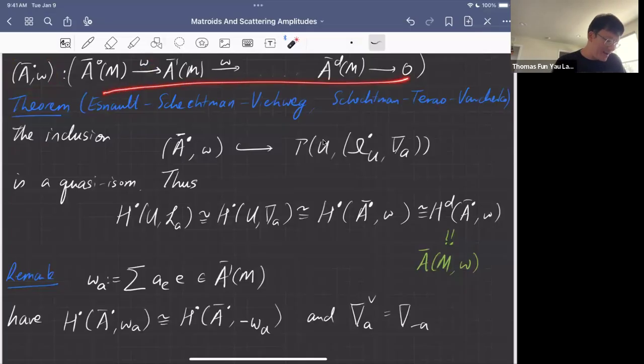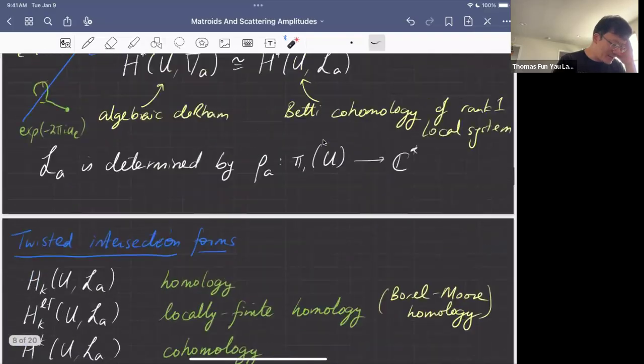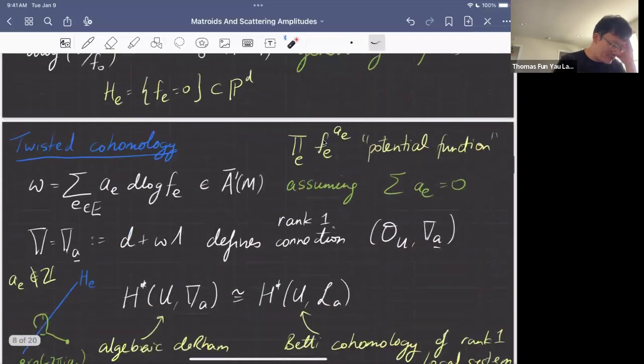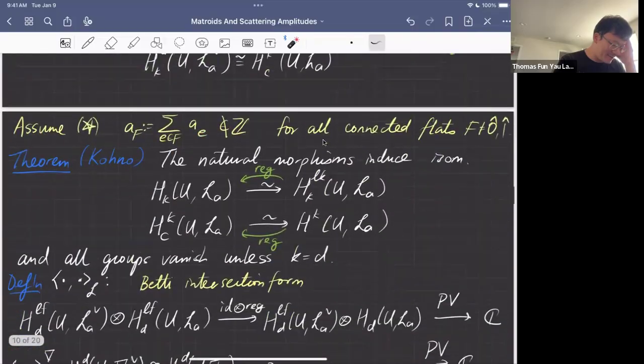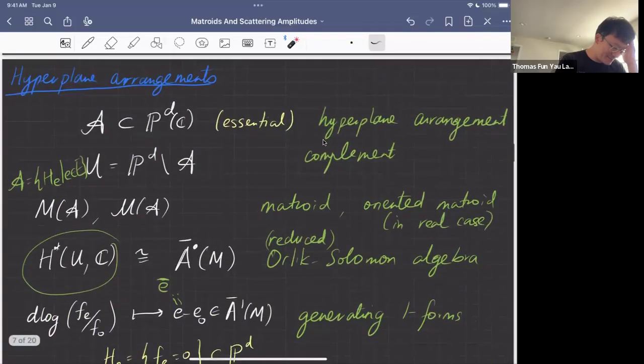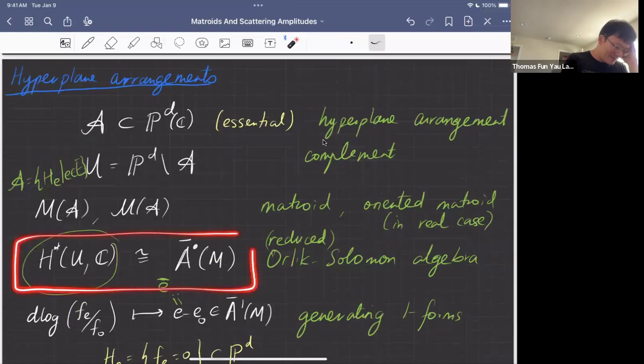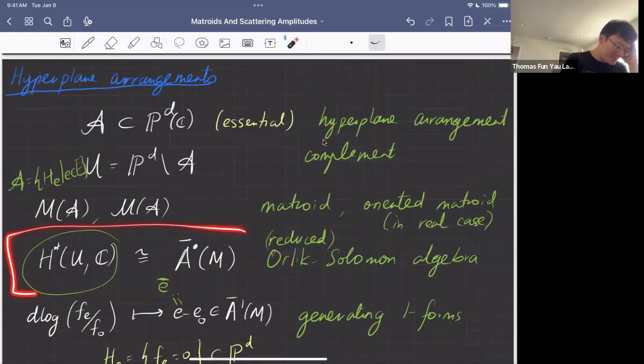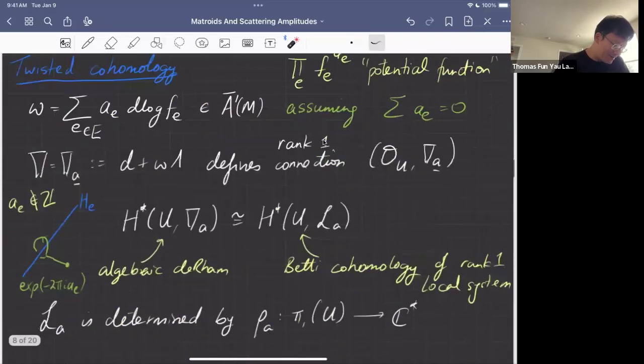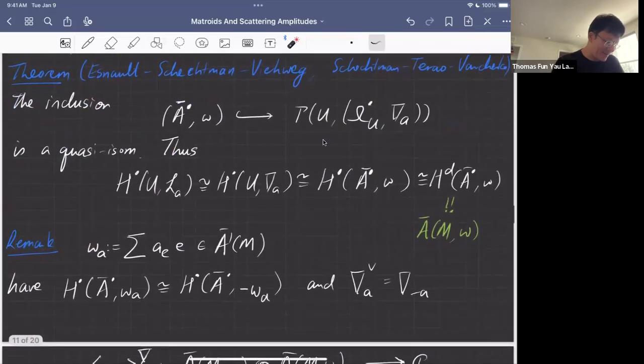So I get this complex, and this theorem, I think it's early 90s, is the twisted analog of the Brieskorn Orlik-Solomon algebra theorem. This theorem has a twisted analog, and the twisted analog is here.